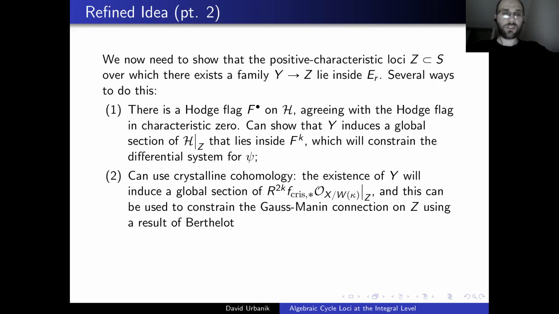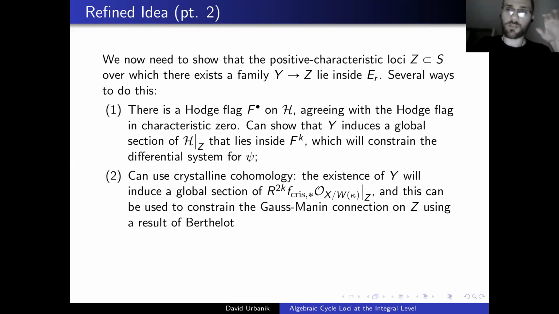And there's a very sophisticated point of view on the connection that you get from pushing forward the crystalline structure sheaf on X down to S, which tells you that once you restrict this connection to Z itself, you get exactly the Gauss-Manin connection.